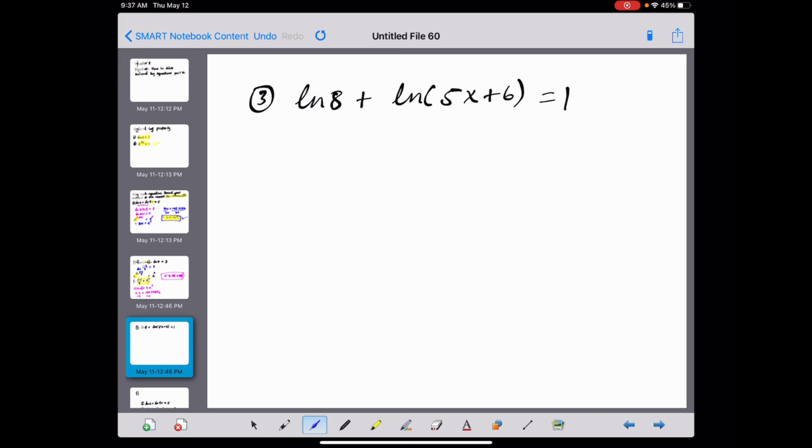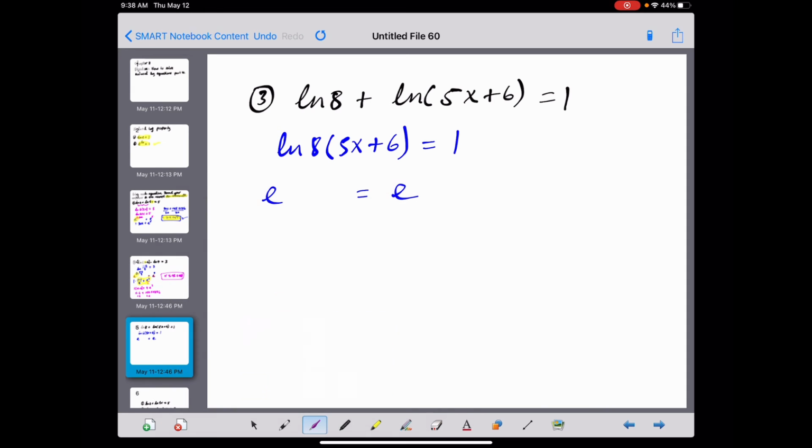Okay, number 3. So I see that on the left-hand side, I have 2 ln's, and it's all positive. That tells me it's a product property when we condense them. So it's going to be ln of 8 times (5x plus 6) equals 1. Okay, then since ln is by itself, everything becomes an exponent.